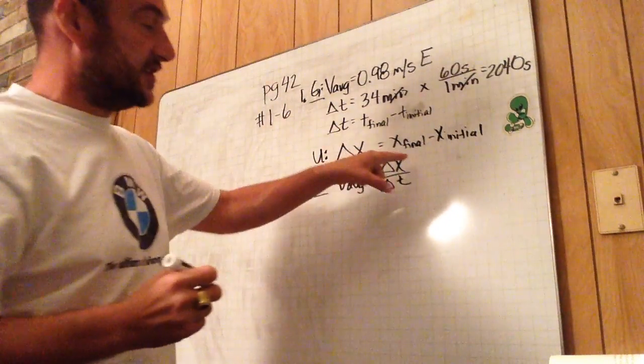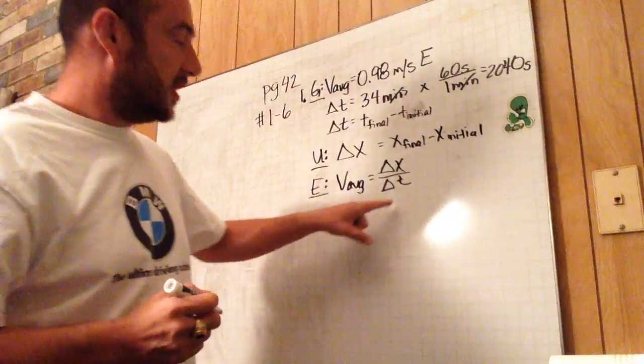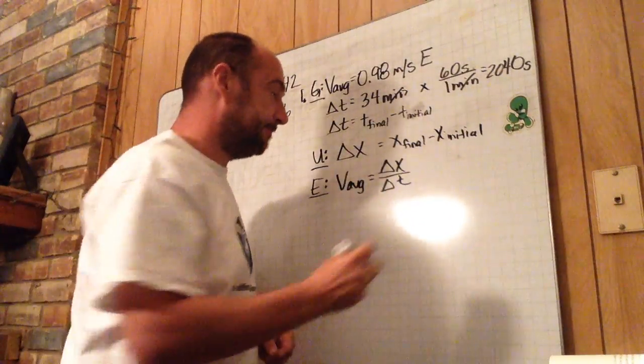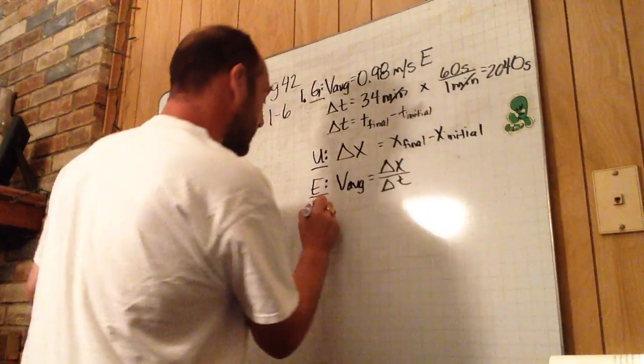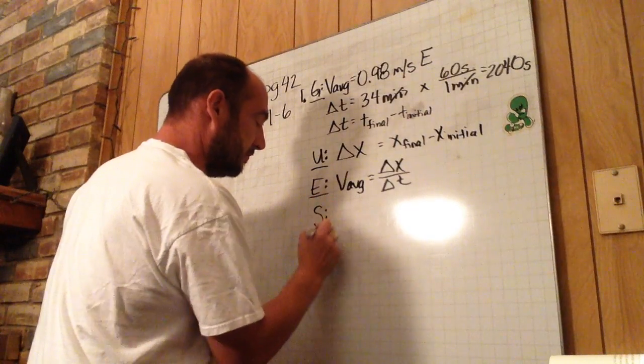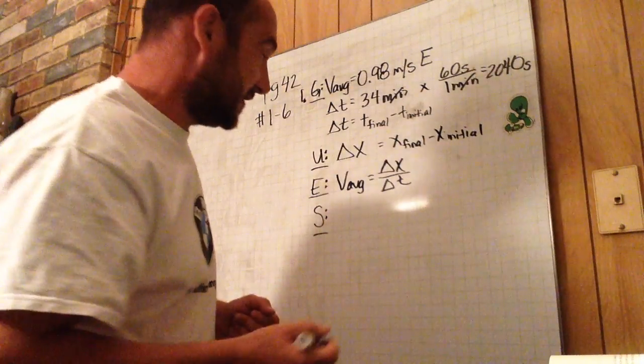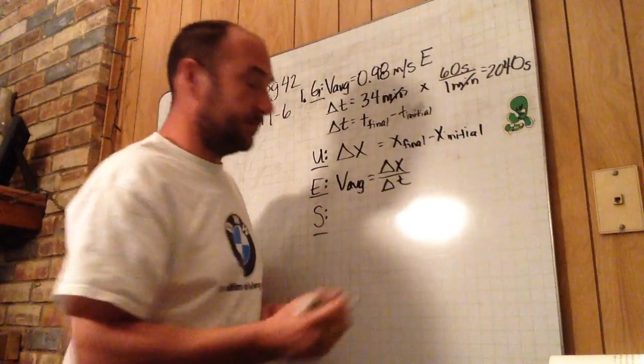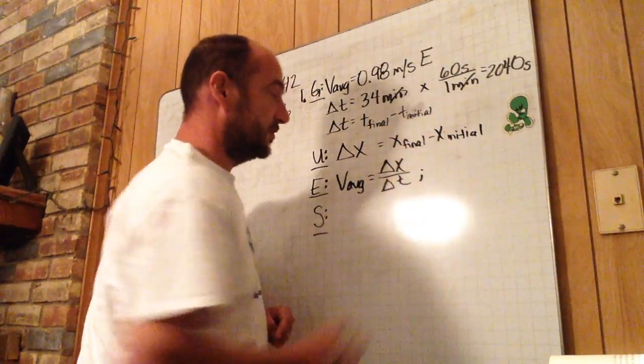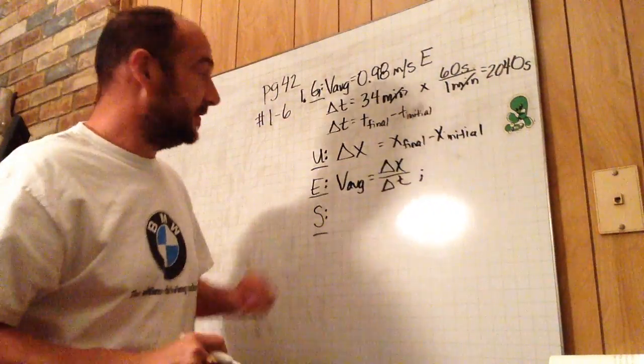So change in distance, or displacement, divided by change in time. Next step will be the substitution step. That's the first S. Okay, we're going to go a little bit more on this and expand this to what we actually need to find.